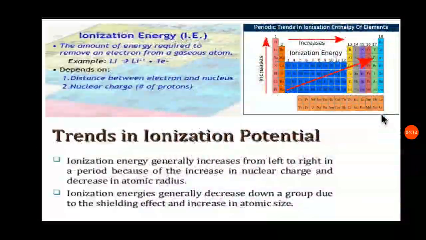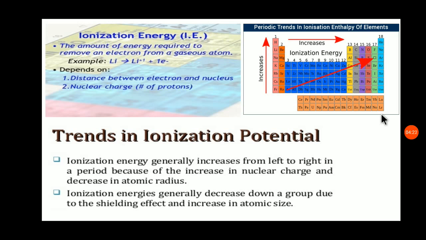Next, ionization energy. It is the amount of energy required to remove the most loosely bound electron from an isolated gaseous atom to form a positive ion. For example, lithium loses an electron to form a cation.